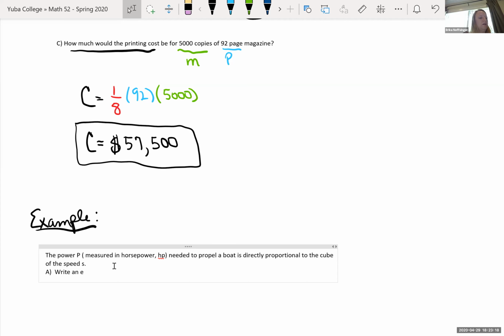Write an equation that expresses this variation.